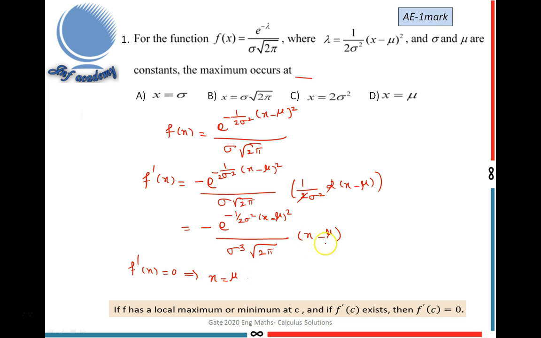Put x equal to mu, and we get the f dash of x value equal to 0. This is the only condition. So at x equal to mu, f dash of x equals 0. So the maximum occurs at x equal to mu only. This is the final answer. Answer is D.